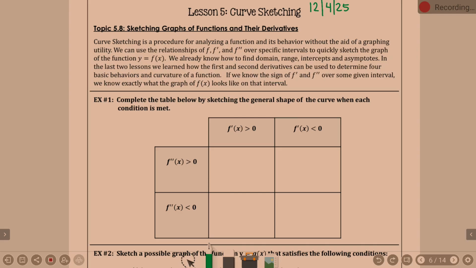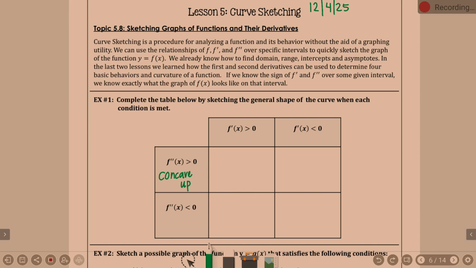As we look at example 1 here, it asks us to complete the table by sketching the general shape of the curve when each condition is met. So there on the left, f double prime of x greater than 0. What does the second derivative being greater than 0 mean? My graph is going to be concave up.